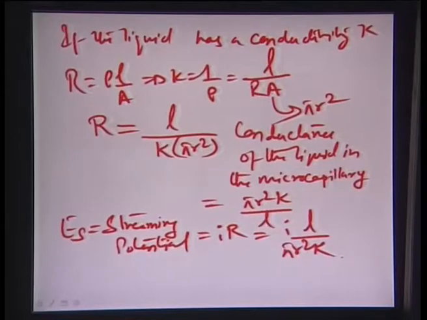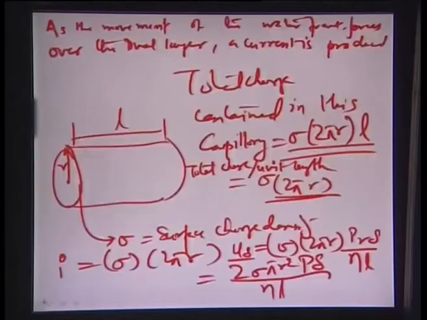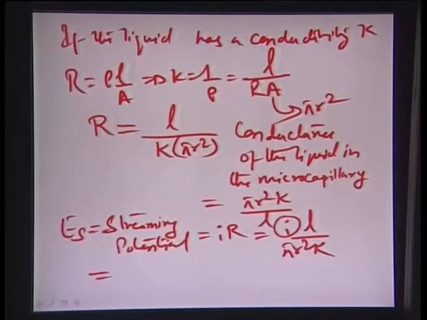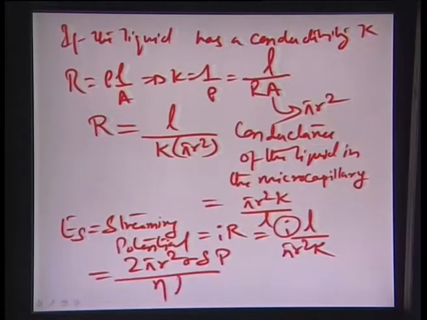And if we further put the value of current here from the previous derivation, which we obtained as 2 sigma pi r square delta p by eta, this term here was the I. So, the final expression would come out to be 2 pi r square sigma delta p by eta L times L by pi r square k.